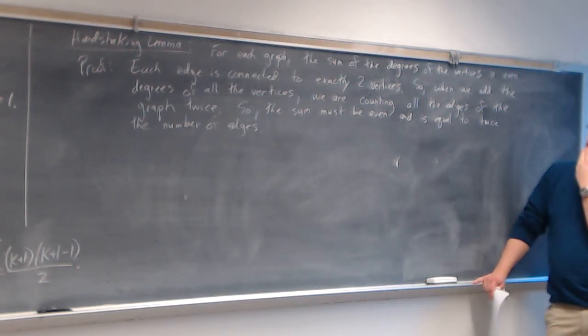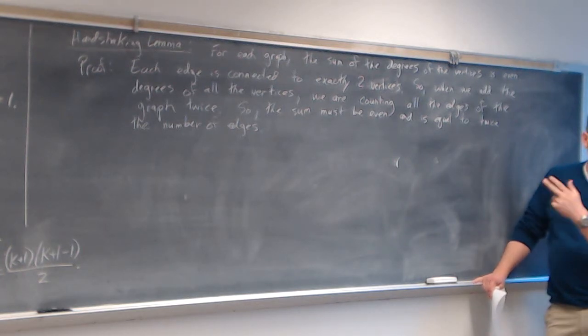So not only is the sum of the degrees always even, it actually always equals twice the number of edges. So maybe a quicker way to add up the degrees of all the vertices, you just find the number of edges and multiply by 2.